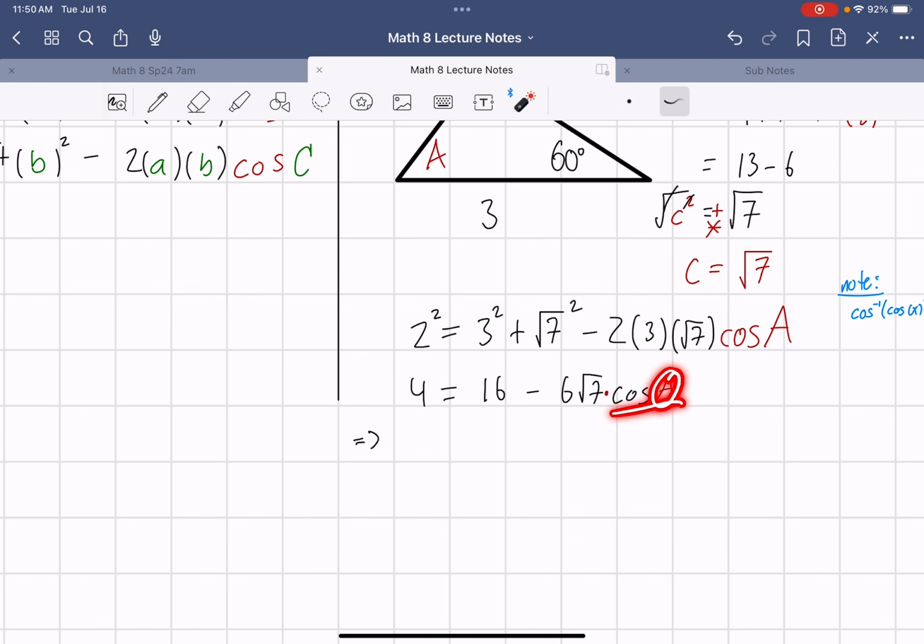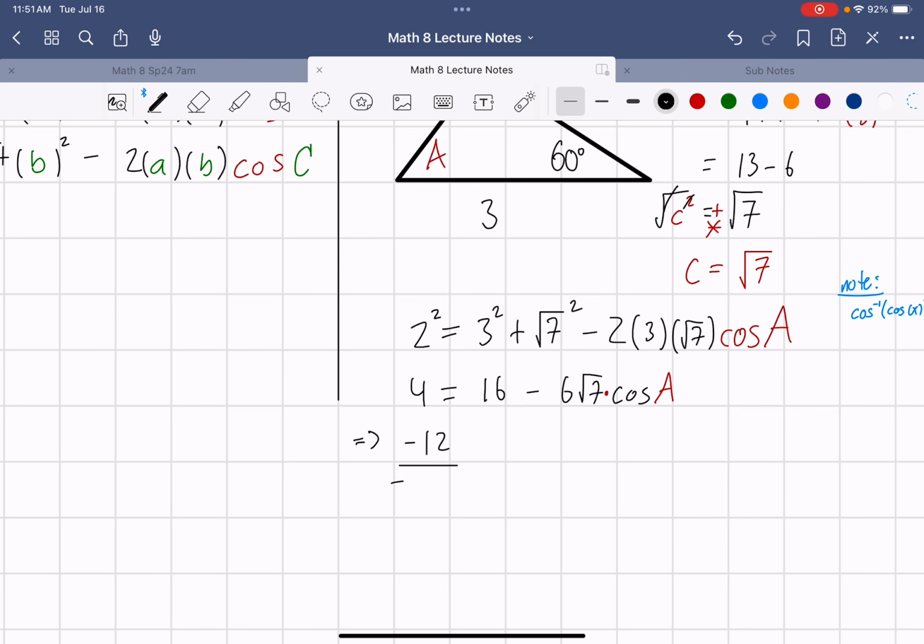A is an argument of cosine. I can't separate these. I can cancel this one using the cancellation property, but I can't divide the cosine out of the A. That's not possible. So if you do that on the exam, you will get an automatic 0 for something like that.